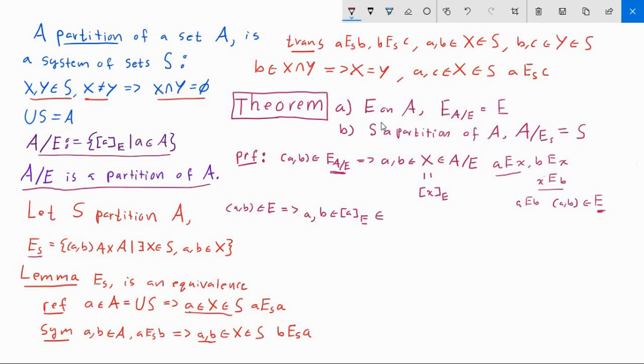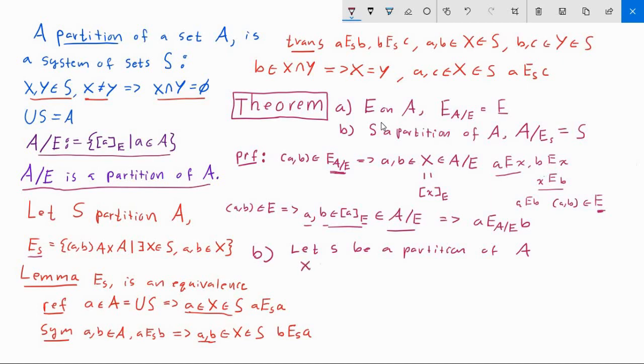Furthermore, the set A mod E is made out of such equivalence classes. Therefore, a and b both belong to some set which is in the partition A mod E. So, by definition of E sub A mod E, a is related to b.